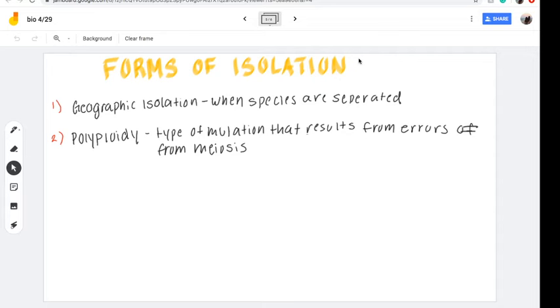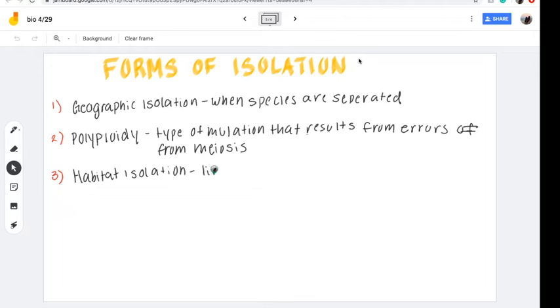And next we have habitat isolation. This occurs when two organisms live in the same area but encounter each other rarely.